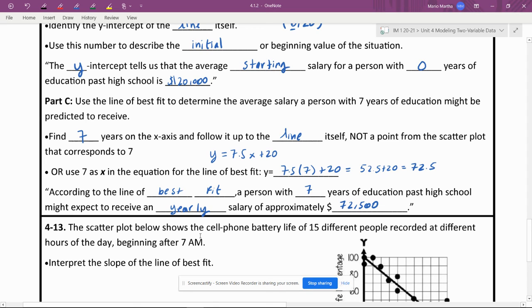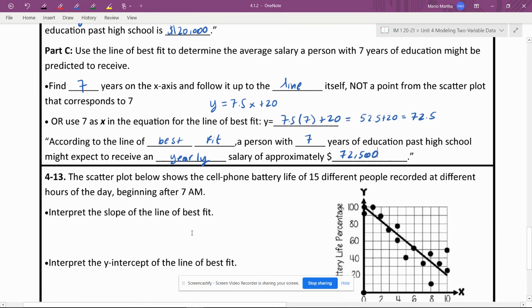So again, the line of best fit will help us predict what a person with 7 years of education past high school might get, not a starting salary, but a salary of $72,500.